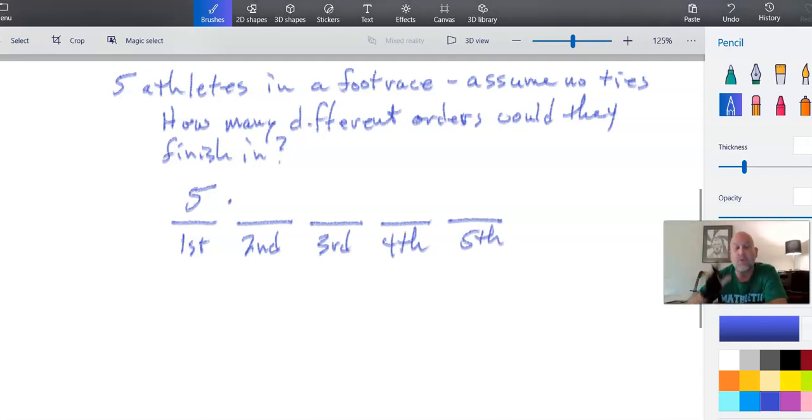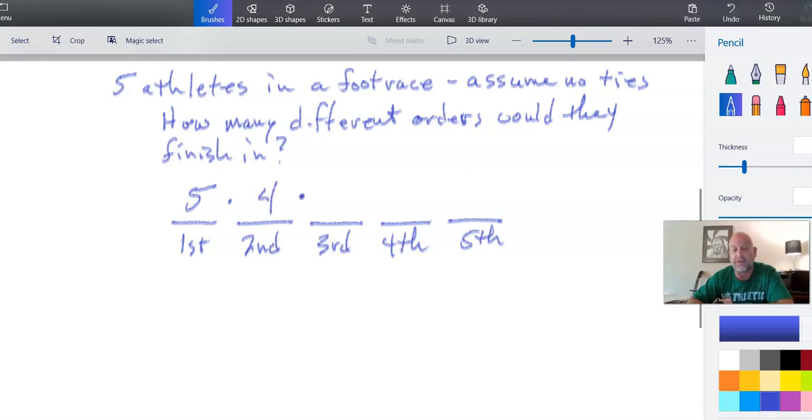Now, someone has finished first, and it doesn't matter who it is, but that person is not going to be coming in second place. So the number of choices we have for second place is 4, because one person is taken out of the pool now because they already finished. So there are 4 choices for second place.